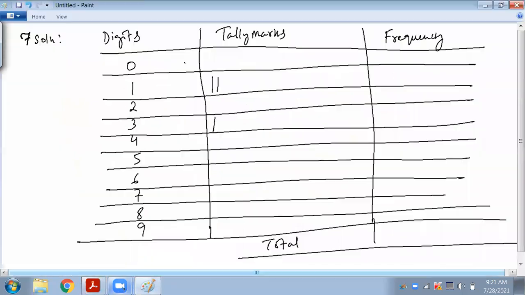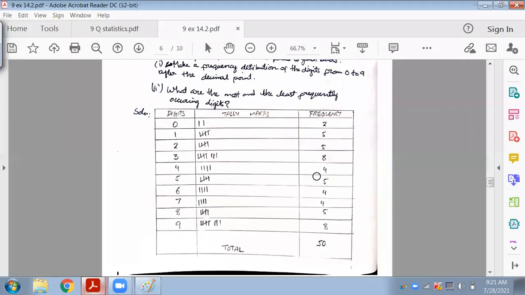Okay, now if you see the frequency, the highest frequency is, sorry, 8. See, the highest frequency is 8, 8. These two are the highest frequency, and for this the corresponding digit is 3, and for this the corresponding digit is 9.